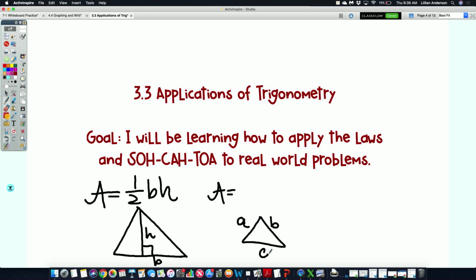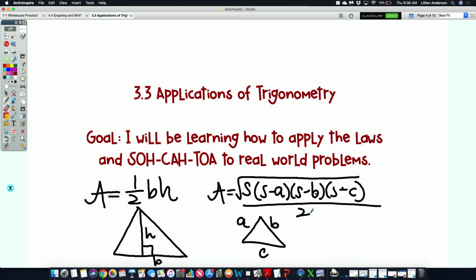Heron's formula was the formula that allowed you to find the area of that triangle. Where s represented 1/2 (a plus b plus c), and actually that's wrong. I'm trying to remember from my memory box.